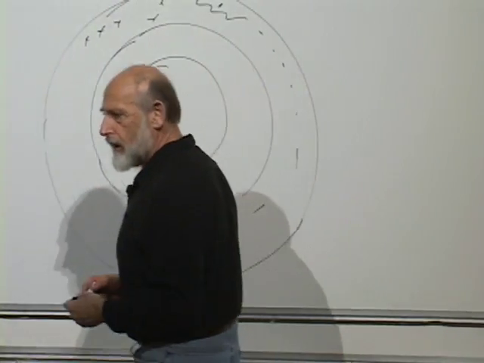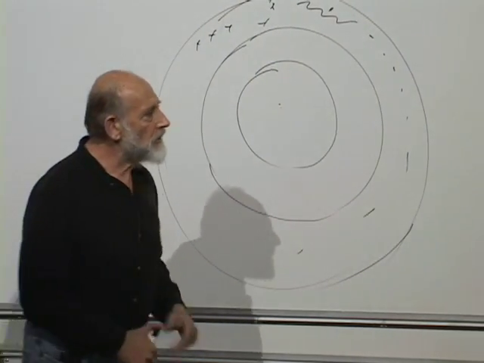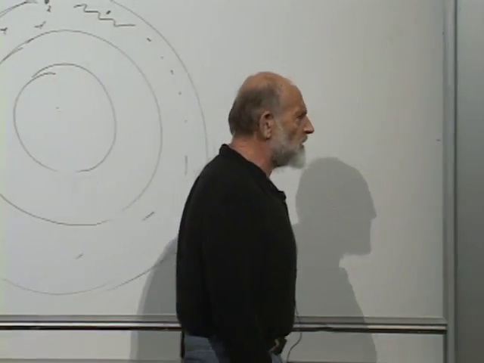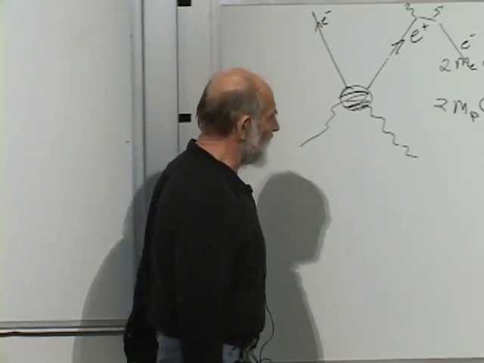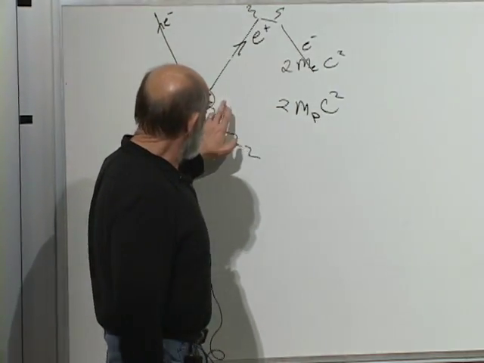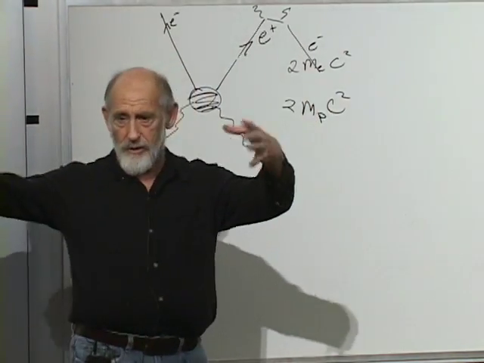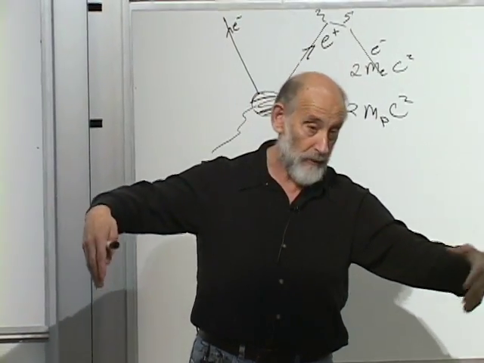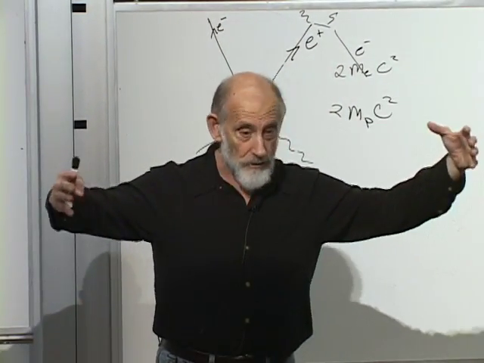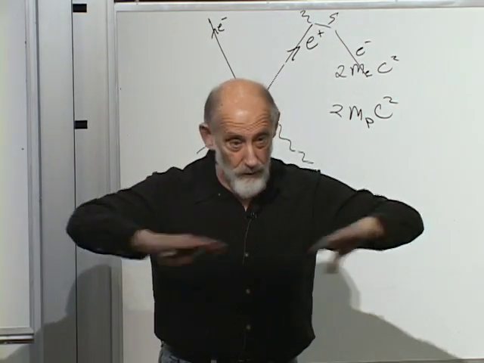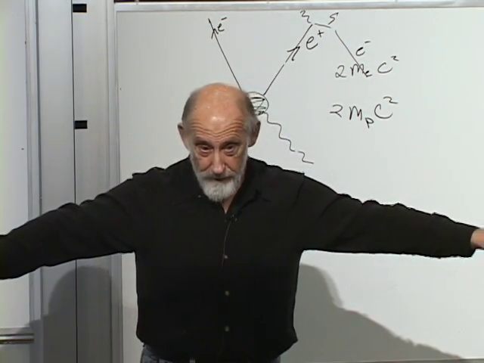But that's not really quite accurate. It's more or less accurate. Incidentally, the number of protons in the universe is, as far as we know, the same as the number of electrons, because the universe is electrically neutral.